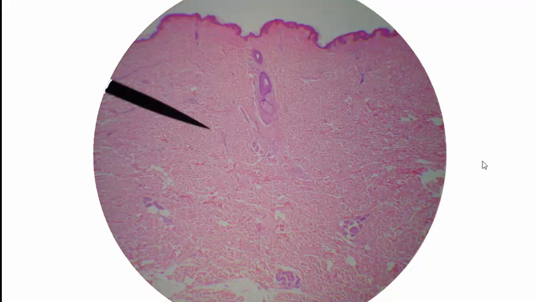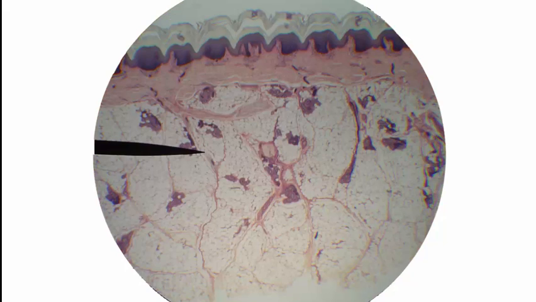On this next slide, we're looking at thin skin. So this is thin skin at 40 times magnification. To show you the difference, here's thick skin at 40 times magnification. Notice how thick that epidermis is. And again, the thickest part of that epidermis is the stratum corneum.